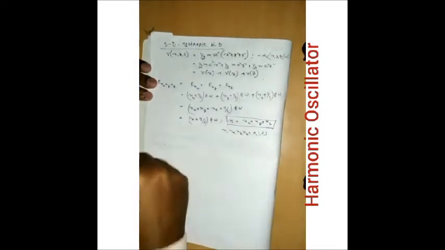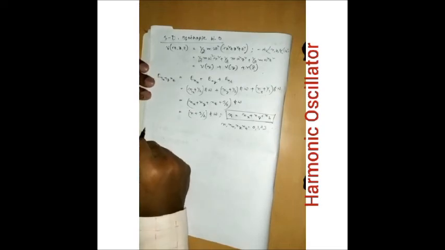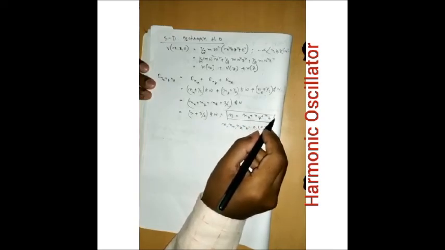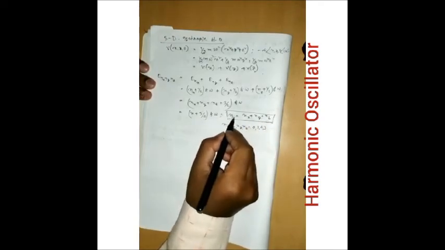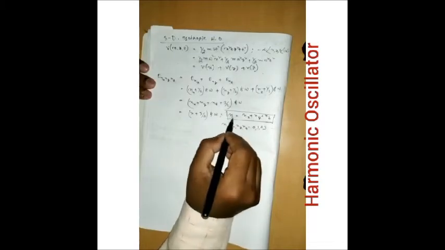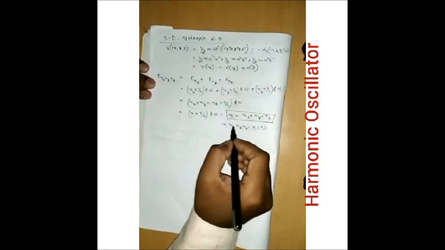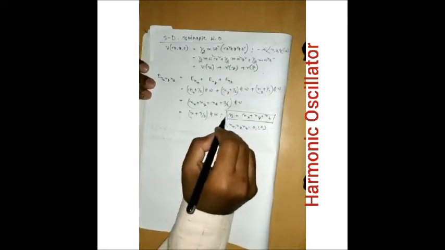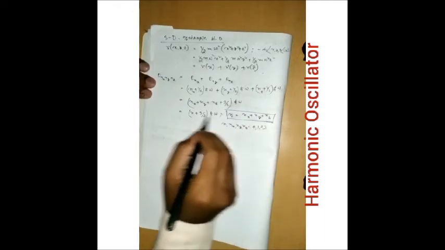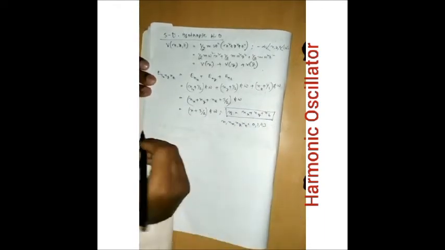So for ground state, I will have to put nx, ny and nz all values simultaneously 0, clear, or simply n equal to 0, that is the ground state energy level. For first excited state, I will have to put n equal to 1, and we will see the rest of the combinations. Similarly the other cases.